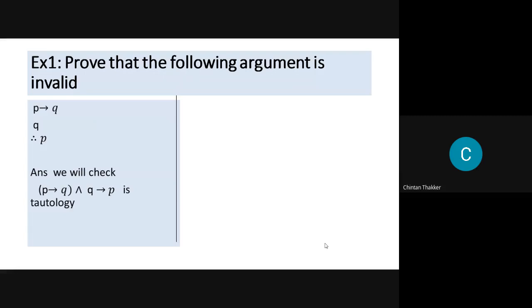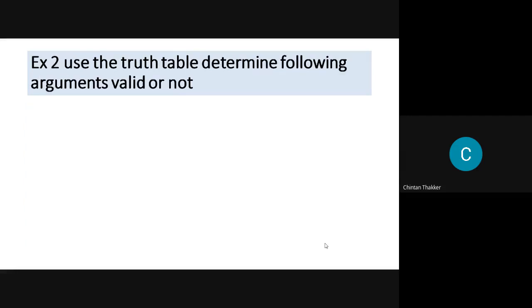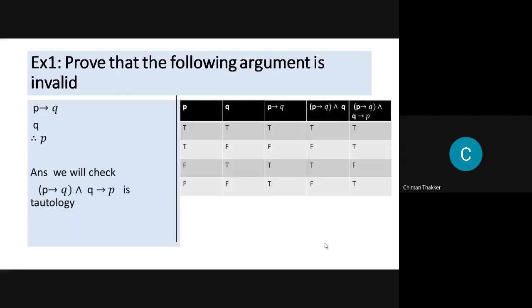Here we have P implies Q, then Q, therefore P. So if we check the truth table of this argument, then this is the truth table. Here one value we got is X.